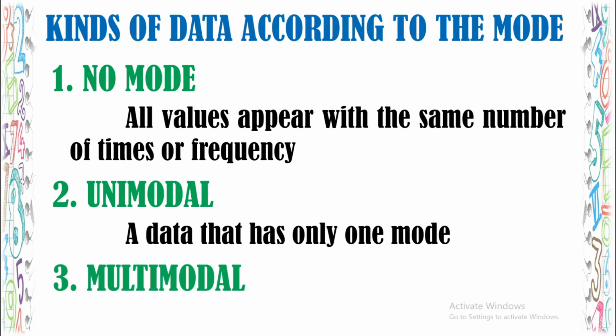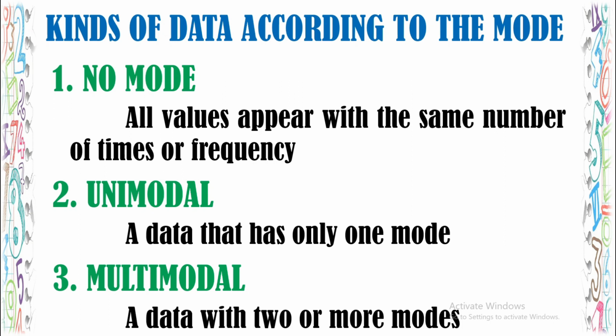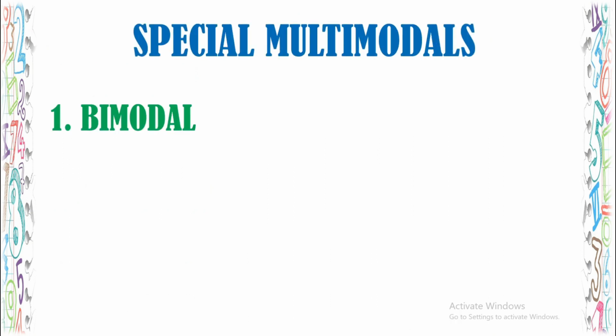Third kind, we have multimodal. Multi means many. Therefore, a data is said to be multimodal if there are two or more modes. Now, there are two special kinds of multimodal. First, we have the bimodal. Take note, these kinds of modes are already under multimodals.